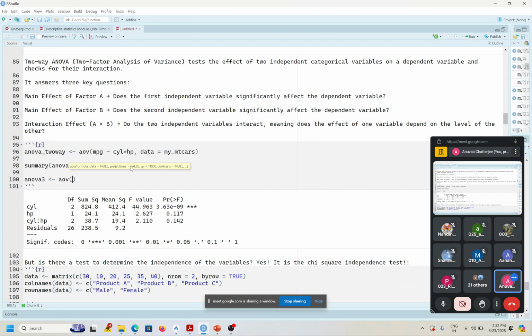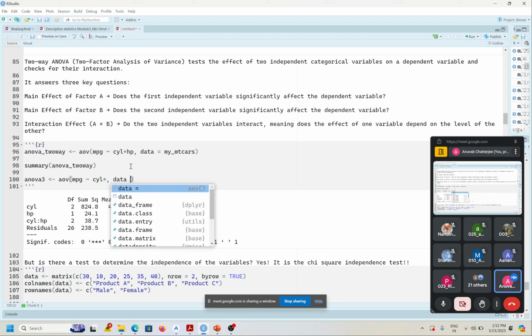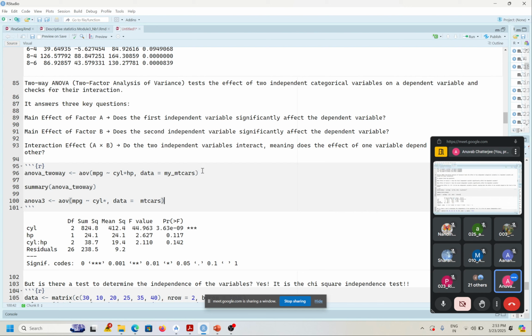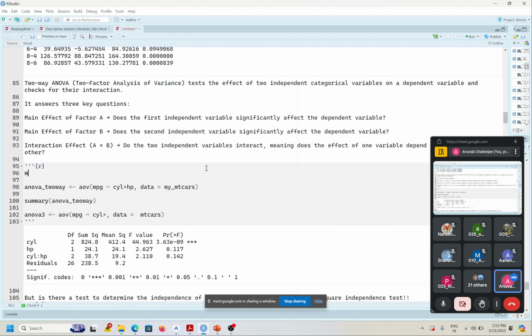Can anyone guess what mileage would depend on other than cylinders? Go ahead and guess. What do you think that mileage depends on other than cylinders in our mtcars dataset? For our reference, I will show the mtcars dataset here again.